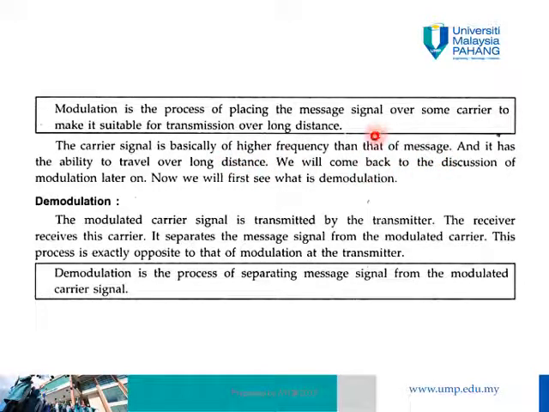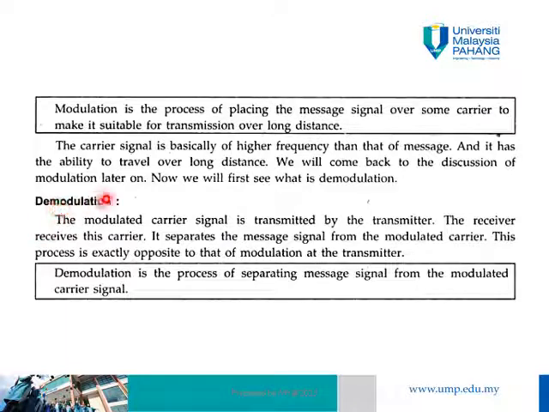So the carrier will have higher frequency compared to the frequency of the message or the modulating signal, and it has the ability to travel over long distance. So we will discuss further about this modulation in the next part of this chapter.